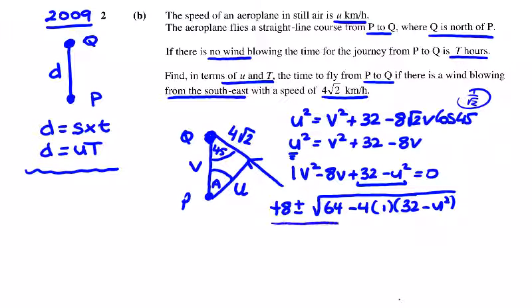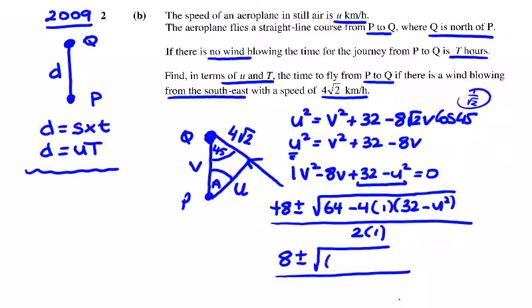Does this simplify for us? Over 2a, 2 times 1. So we're going to have 8 plus or minus the square root of 64, so that's minus 4 by 32, minus 128, and minus 4 by minus u squared is plus 4u squared, over 2.